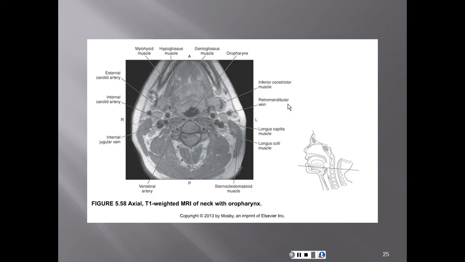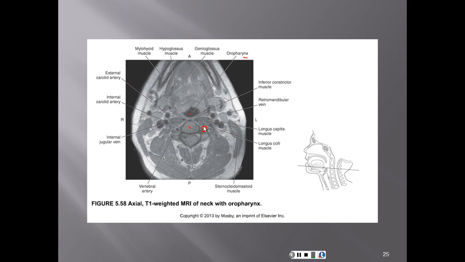anatomy. Axial T1 weighted MRI of the neck with the oropharynx. So we want to identify the oropharynx, and they labeled it for you. So it's the area of the oropharynx. It's just a space. And you have your vertebra, and you have your transverse processes of the vertebra.